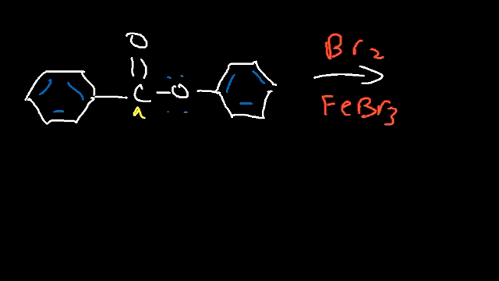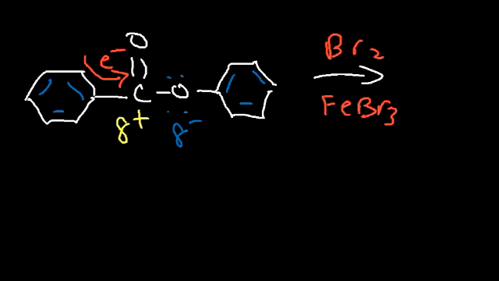This carbon has a partial positive charge, and the oxygen has a partial negative charge. So the ring on the left, the electrons in that ring are being pulled towards the carbonyl group, and so therefore the ring on the left side is deactivated. The carbonyl group is a moderate deactivator.